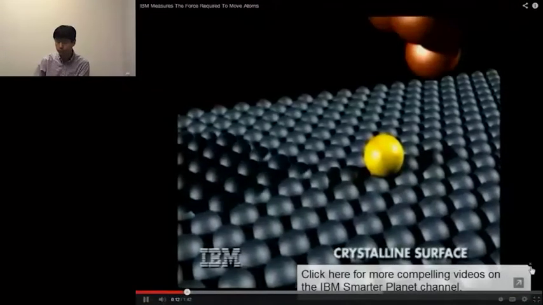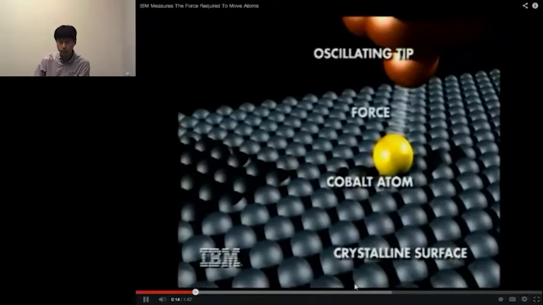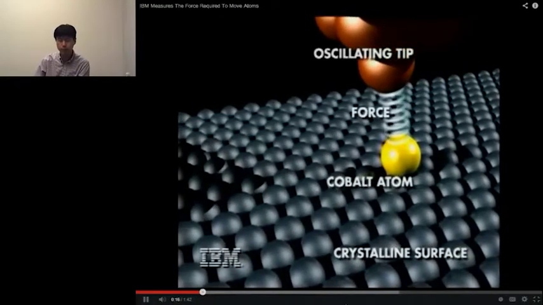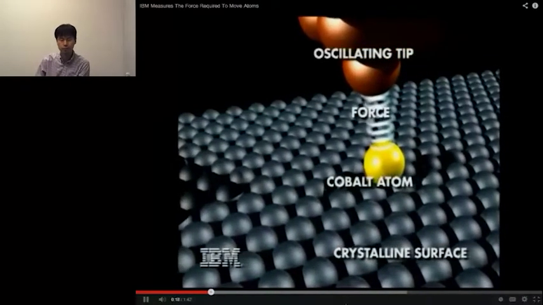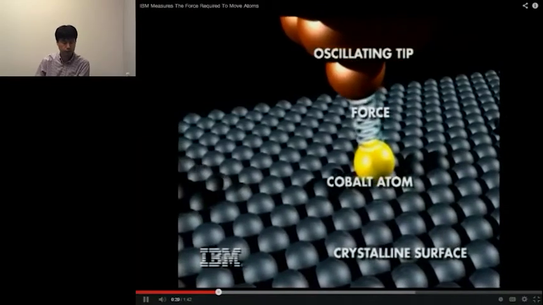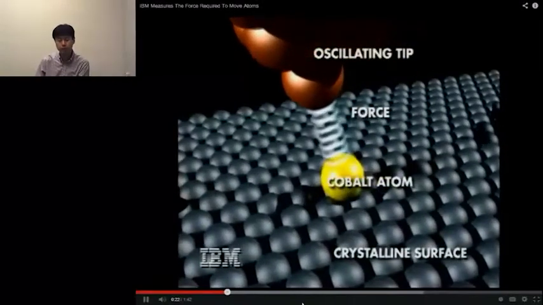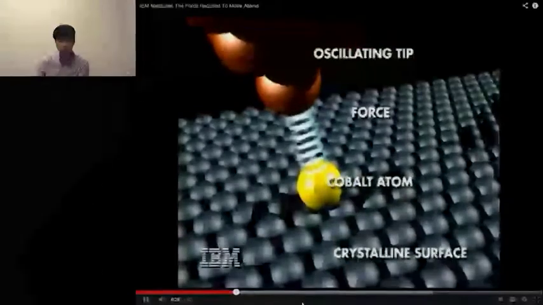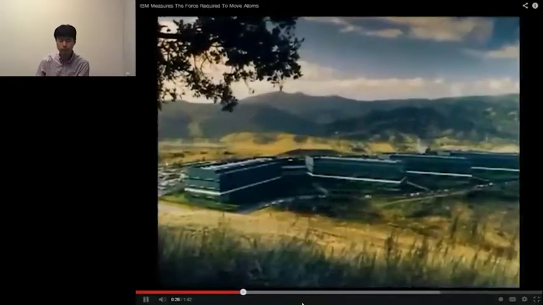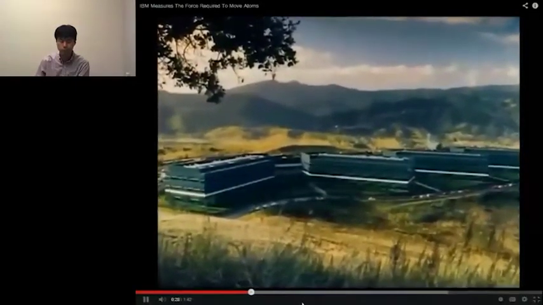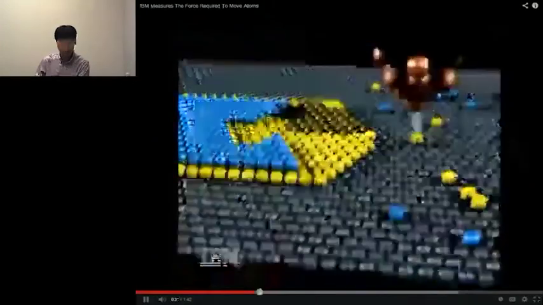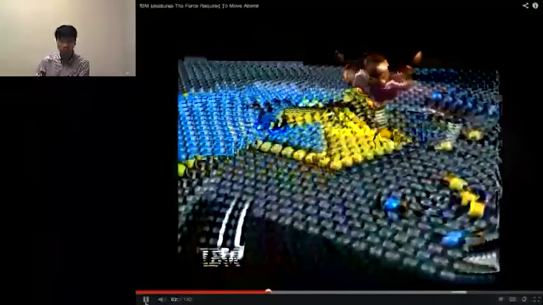In a significant move forward in the march toward creating electronic circuits that are thousands of times smaller than today's most advanced technology, IBM is announcing a milestone in the ability to manipulate and understand matter at the atomic level. Scientists at IBM's Almaden Research Center in San Jose, California have for the first time demonstrated the ability to measure exactly how much force is needed to move individual atoms.